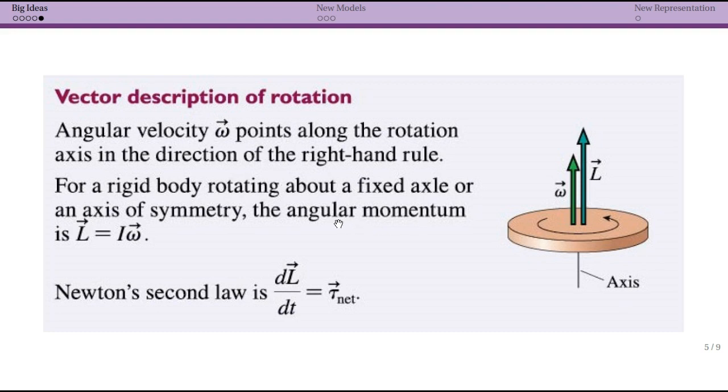Then we can use, in general, axial vectors to describe the orientation of our rotation. And again, this is using the right-hand rule to say if it's rotating counterclockwise, it's up, clockwise is then down. And so these are axial vectors. Now, a new quantity that's really important is the angular momentum, which can be defined for a rigid body object as I, the moment of inertia, times the angular velocity.